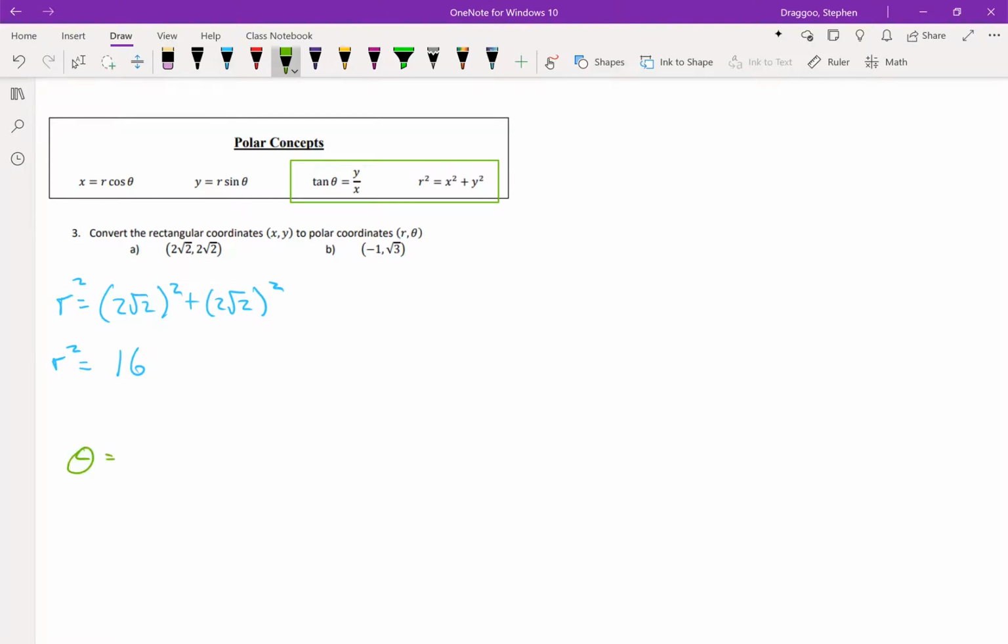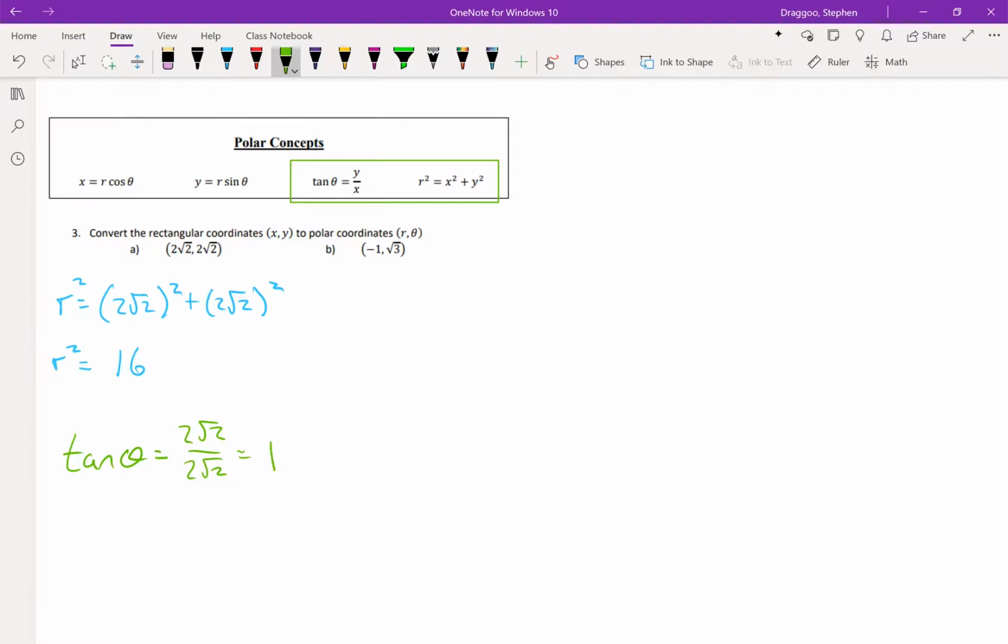And theta should be, or at least the reference angle for theta should be equal to, let's make an edit here. We also know that the tangent of theta should be equal to y over x. So 2 root 2 over 2 root 2, which upon simplifying is 1.